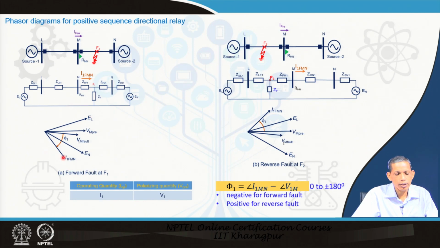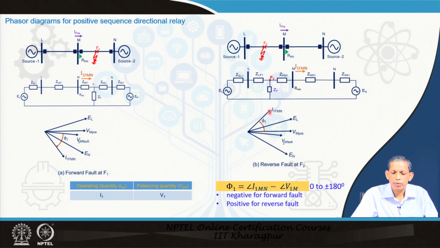So, therefore, we see that the current I1MFN lags the V1M fault. This shows that phi 1, the angle of I1 minus the angle of V1 at the relay bus, becomes negative, because the current is lagging the voltage.